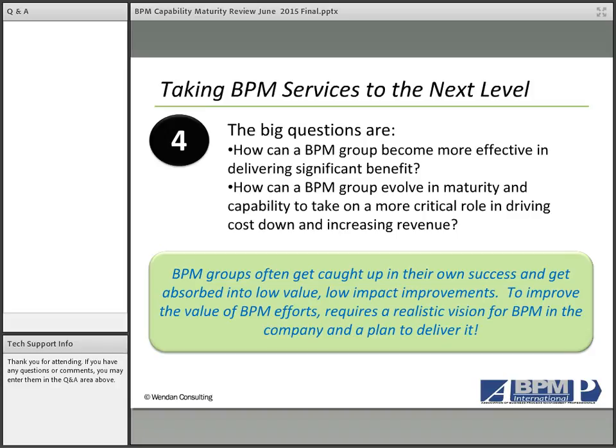So the questions are, what do we need to do to deliver more benefit, and how can we then be evaluated, and what does success look like in that journey? Those answers then get folded into an overall, we'll say, roadmap as to how things can move forward.